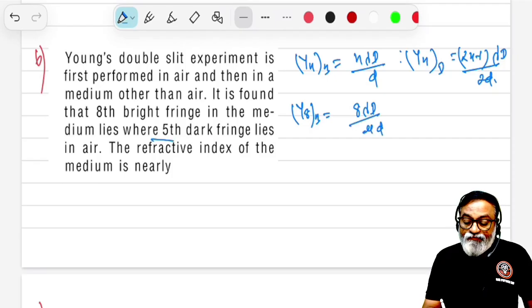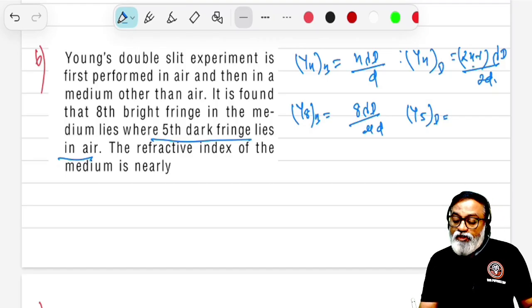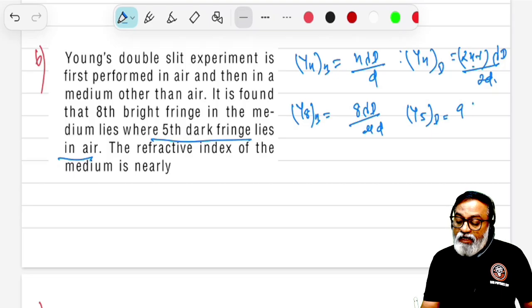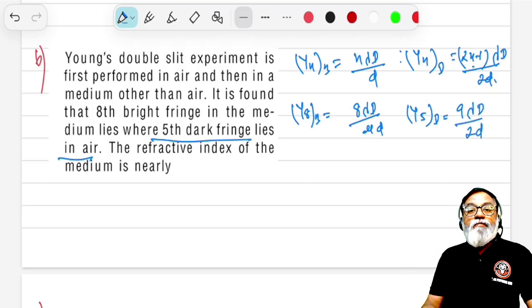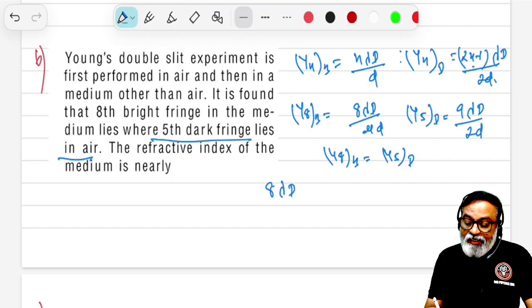But where the fifth dark fringe lies in air, therefore fifth dark fringe means y5 dark is equal to (2 into 5 minus 1) that is 9 lambda D by 2d. These two are formed at the same place, therefore y8 bright is equal to y5 dark. This becomes 8 lambda D by mu d equal to 9 lambda D by 2d.